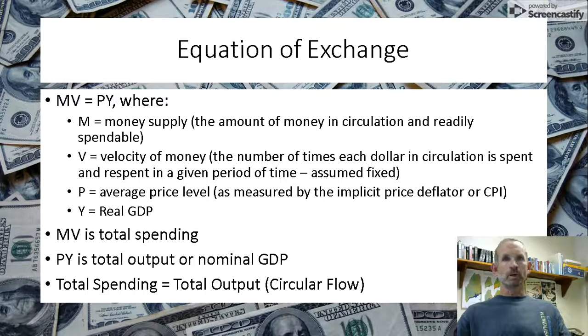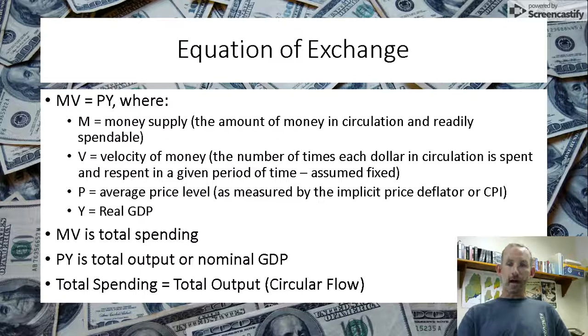For example, I've got money put away for retirement in 401ks and 403bs, but I can't touch that without huge penalties. I own some equity in my house, but I can't spend that without selling my house, and that takes a long time. So the money supply is more like what's in your checking account, cash that you have on hand. We'll talk more about that shortly.